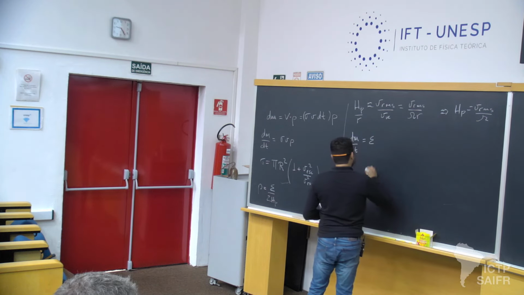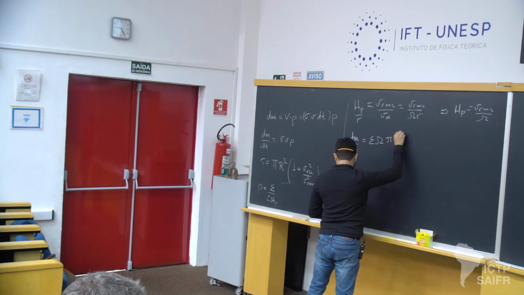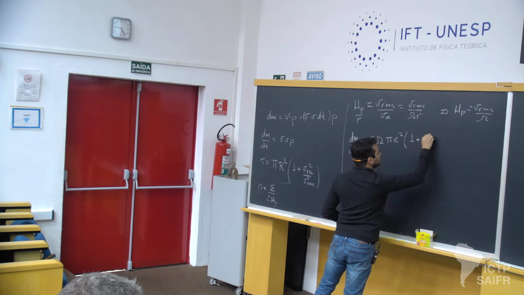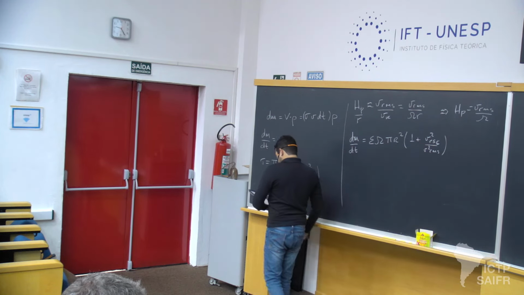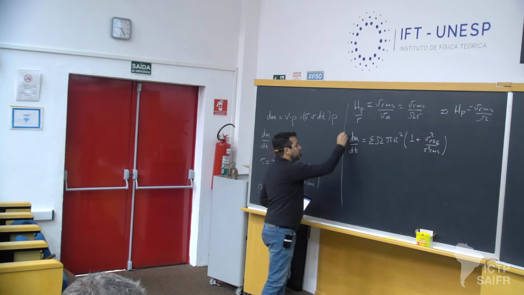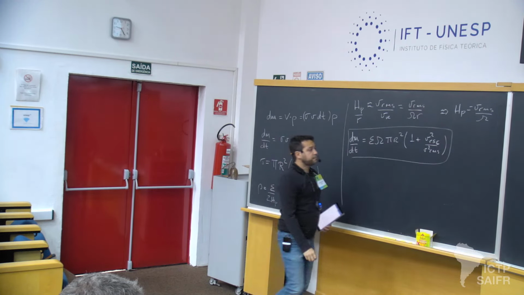Put this here, and you find omega pi r squared times 1 plus the square of the escape velocity over the square of the RMS speed of the distribution. And this is the simple core growth equation.